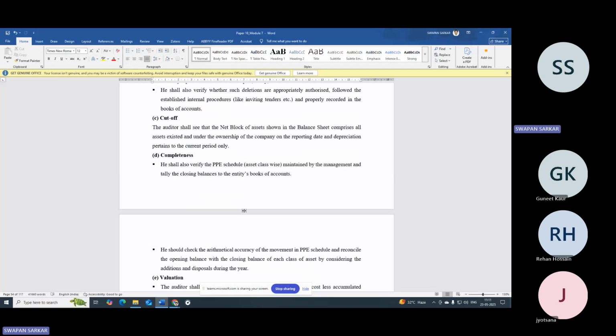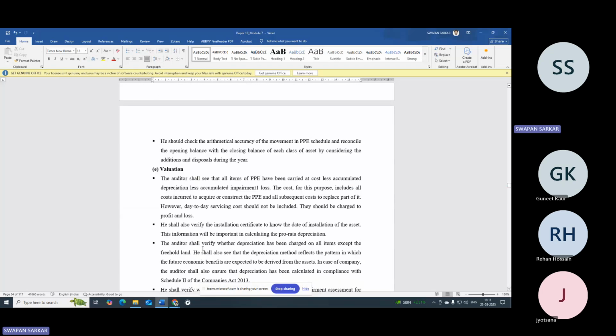He should check the arithmetical accuracy of the movement in the PPE schedule and reconcile the opening balance with the closing balance of each class of assets by considering the additions and disposals during the year.